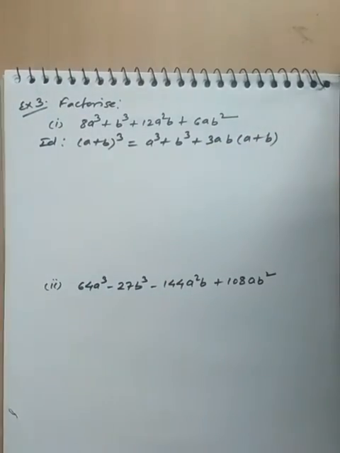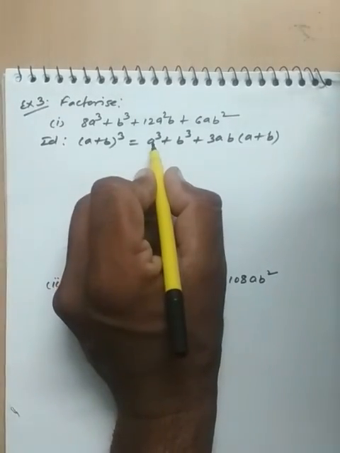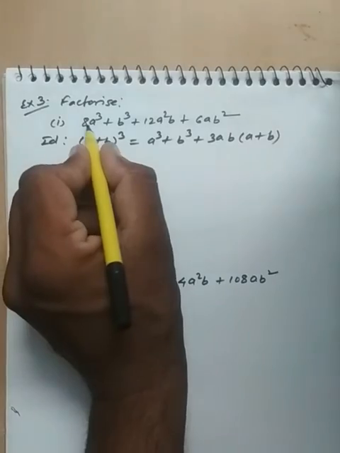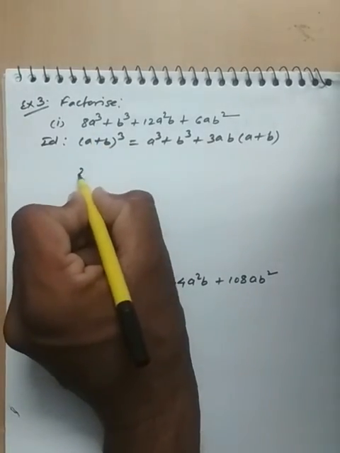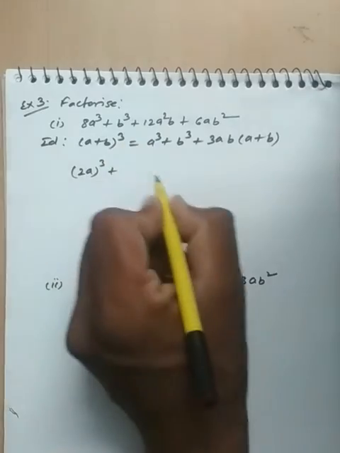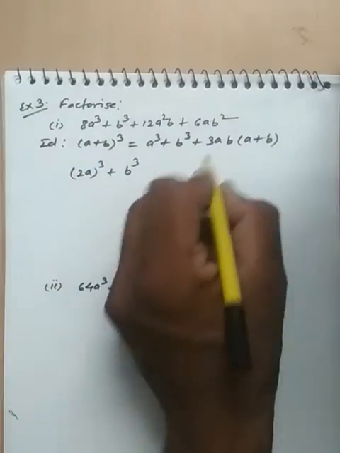So in this question, making the cube of the first two terms, here 8 can be converted to (2)³, and b is the same, b³.